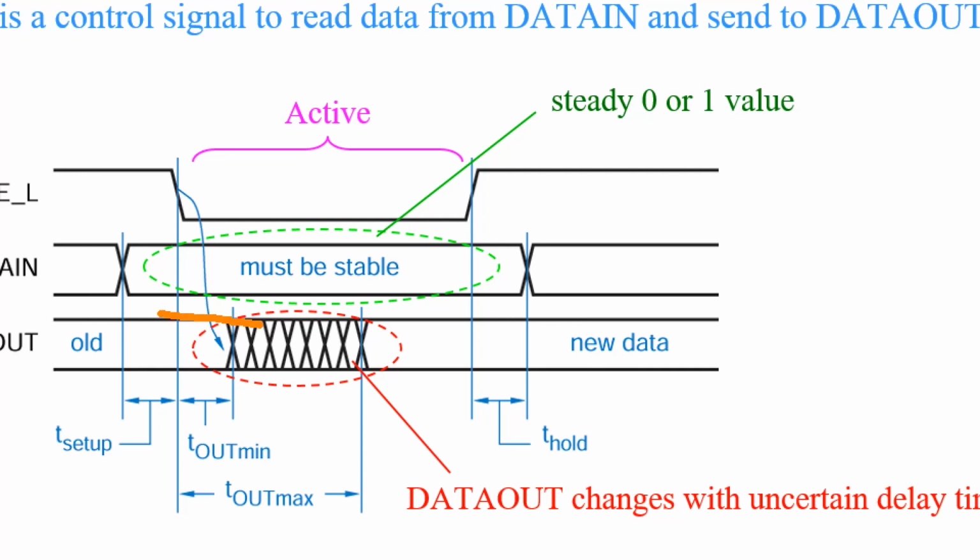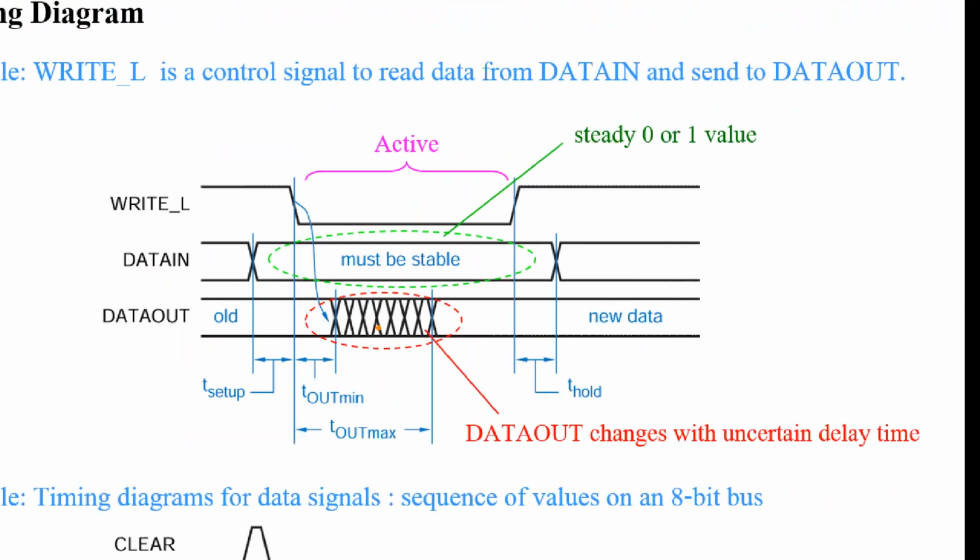But in practice you don't know when it changes. So we write this to cover the minimal case of the fastest and the slowest case of the operation delay.